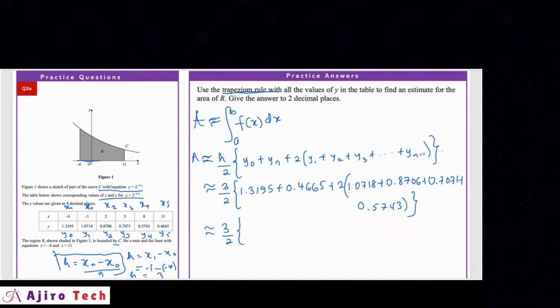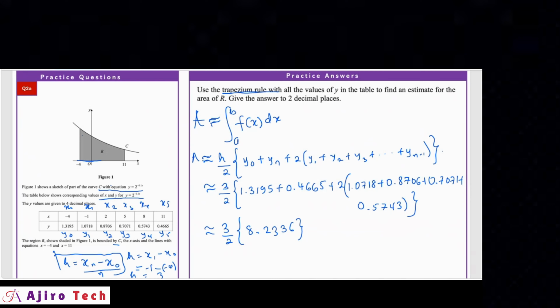Okay, so we have everything to be 8.2336. So we multiply that by 3 over 2, 1.5.